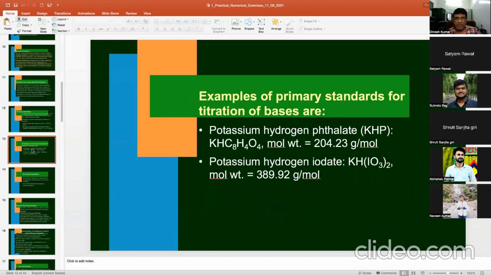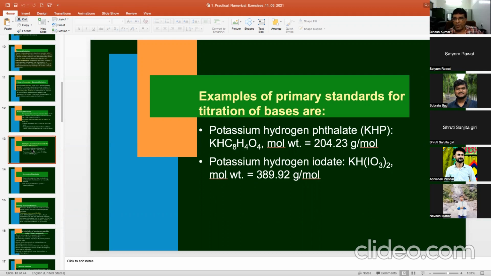Example of primary standard solution for titration of bases. If you want to titrate the bases, potassium hydrogen phthalate is the most common primary standard, KHP, KHC8H4O4. Molecular weight is 204.23 gram.